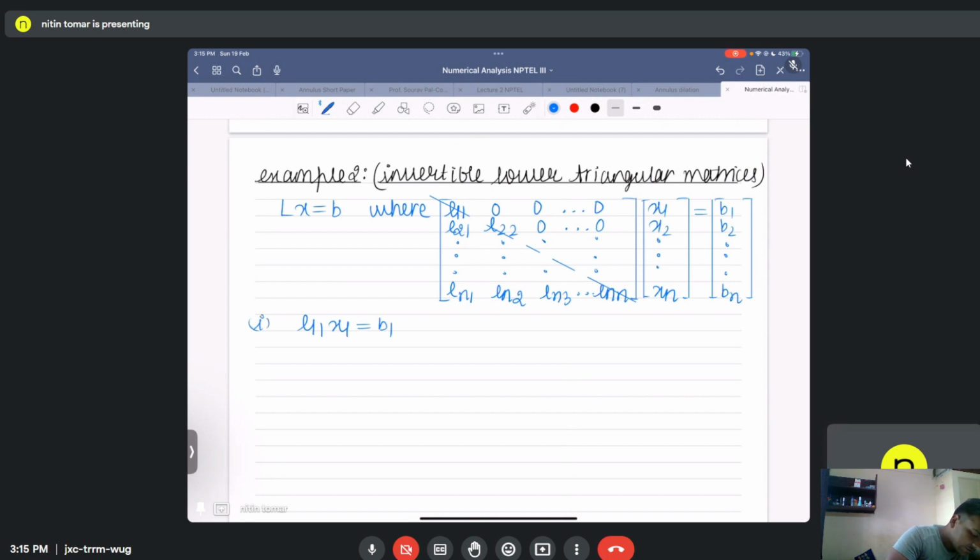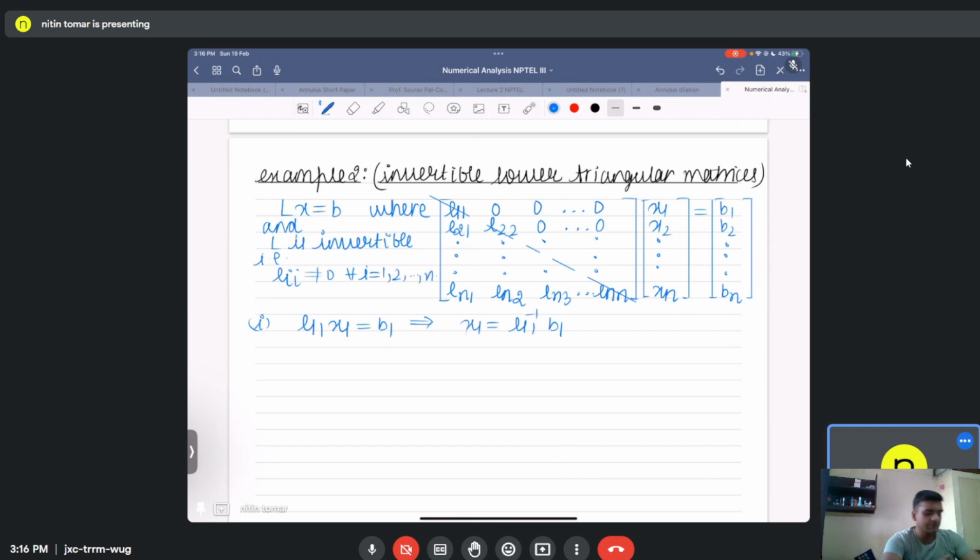So this will imply x1 is actually L11 inverse B1. And since L is invertible, we know L11 cannot be 0. Each diagonal entry is non-zero. Exactly, so Lii is never 0 for all i from 1 to n. So this much you know.